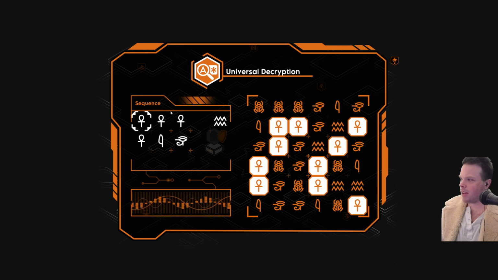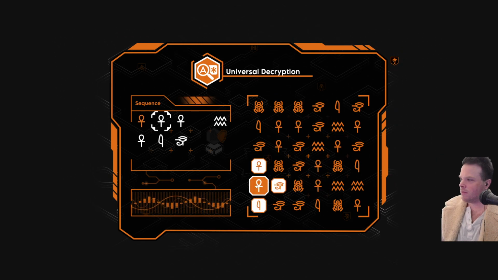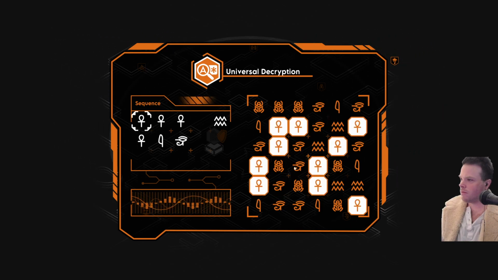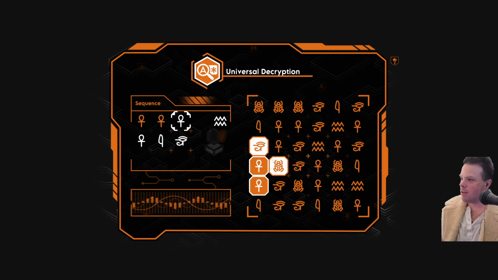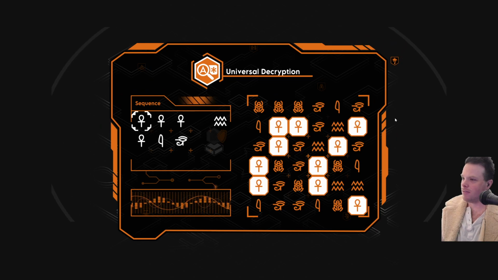I need to go Ank, Ank, Ank, then Ank, this thing, I. And there aren't 4 Anks. Nowhere on the board are there 4 Anks in a row, unless you allow diagonally, which it doesn't. Right? I can't go diagonally.